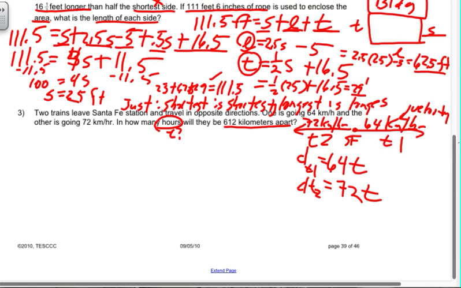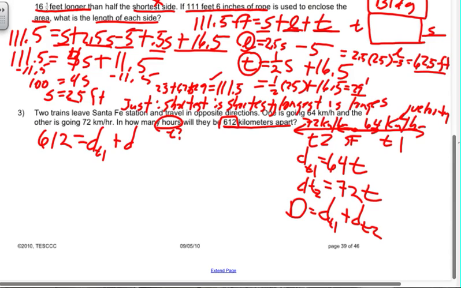Now what we notice here is these guys are going in opposite directions, which means that their distances are adding. In other words, they're getting farther and farther apart. So my total distance is going to be equal to the distance for train 1 plus the distance for train 2. Okay, and the total distance we're looking at is 612. I've got 612 equal to D for train 1 plus D for train 2.